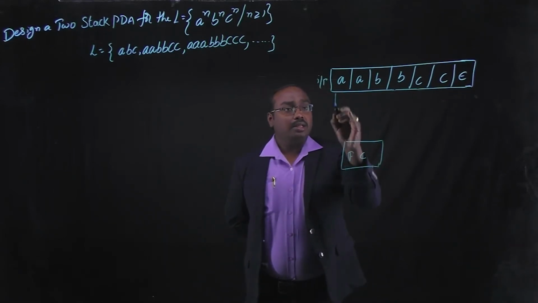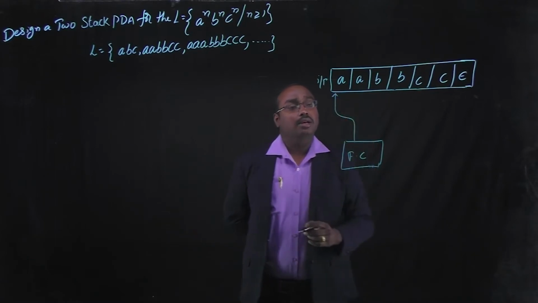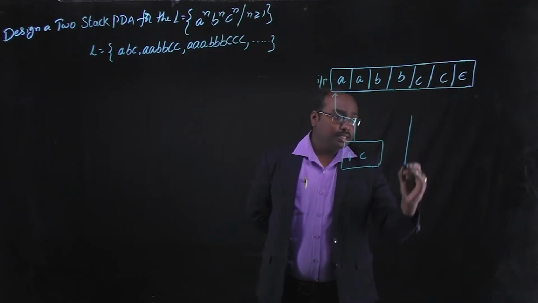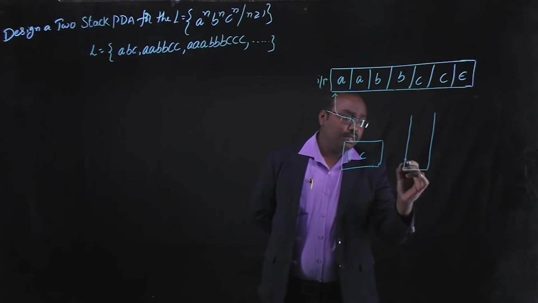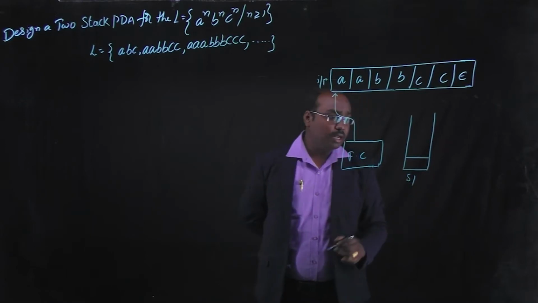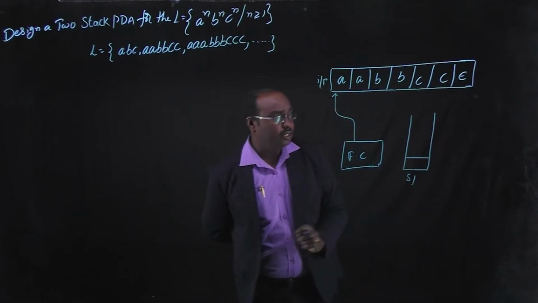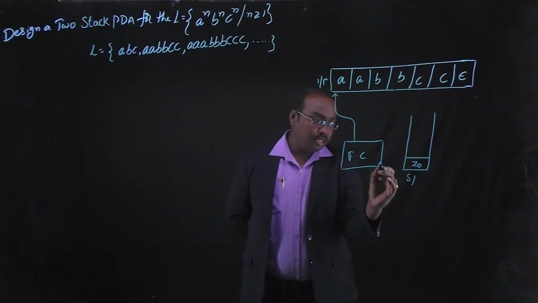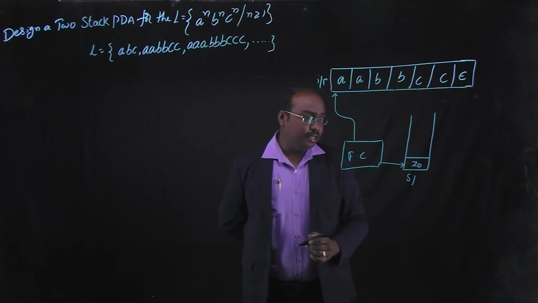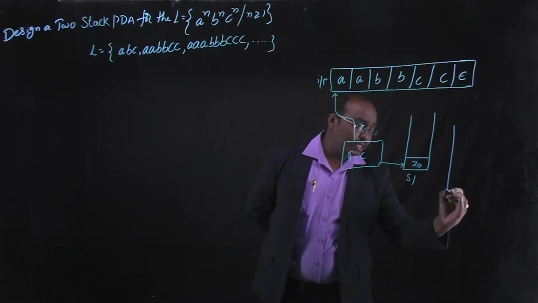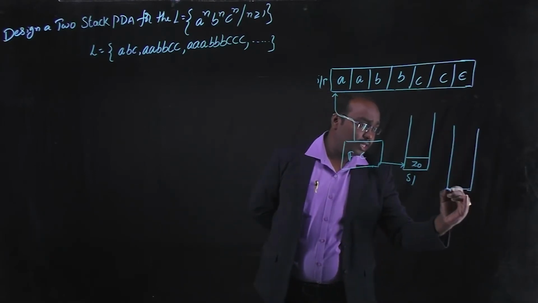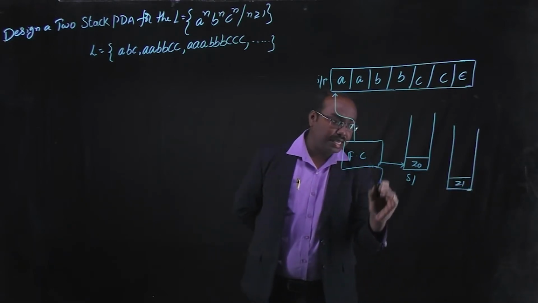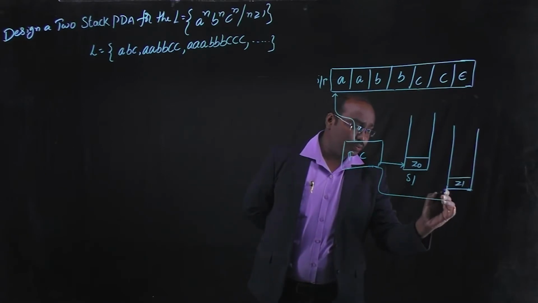Initially the reading head starts from the first A. For stack 1, for example, I am assuming the stack is S1 and the top symbol is Z0. Now this is the stack 1 reading head, and I am taking another stack with Z1. So this is stack 2.